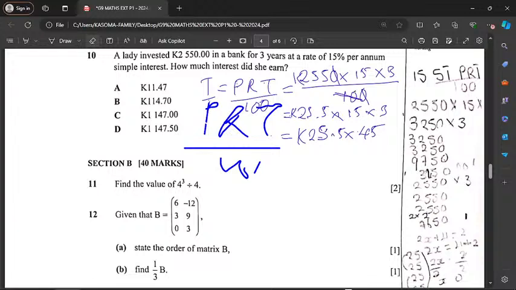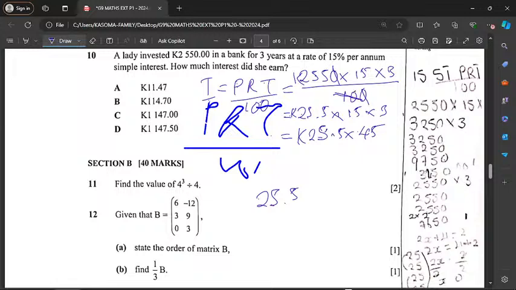Okay, so let me calculate it here. 25.5 times 45.